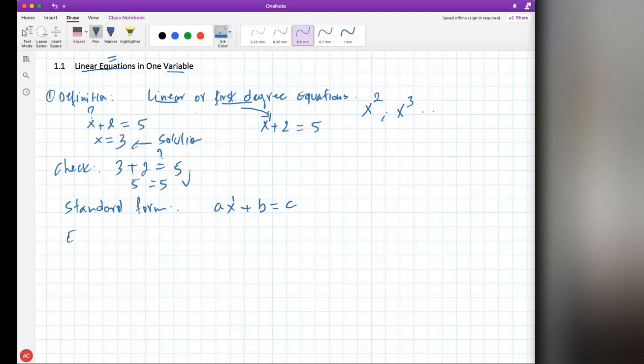Let me give you a few examples. Like I said, 3x minus 6 equals 12. That's also in this form. As you can see, A is 3 here, B is -6, C is 12. The only thing that changes out of these numbers, A, B, C, and the x is always there. So it could be like this, or you may have some parentheses like so. For example, this.